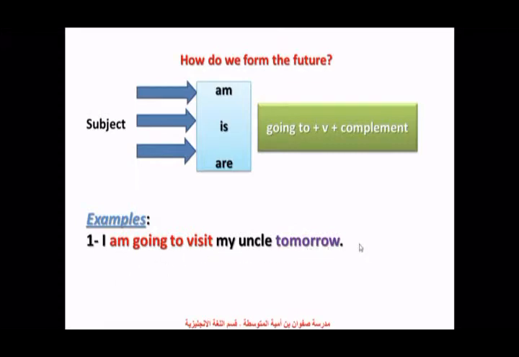Let's see another example. He is going to play football tomorrow. The verb to be here is is, because the subject is he, and is always goes with he.